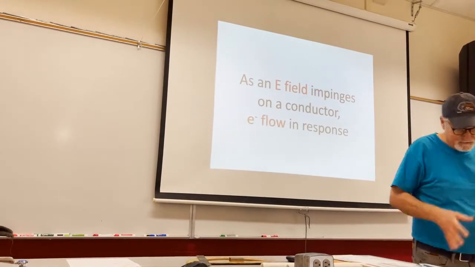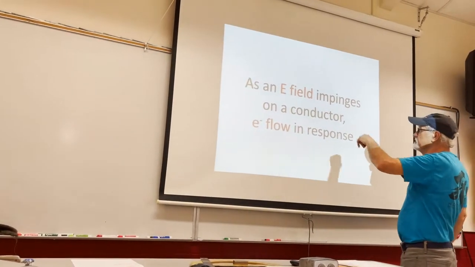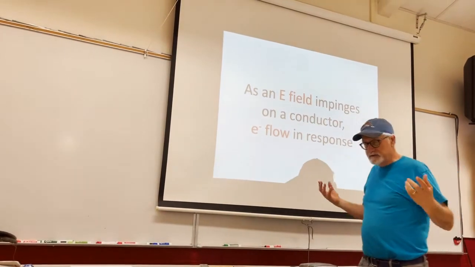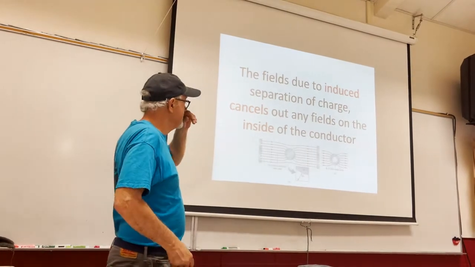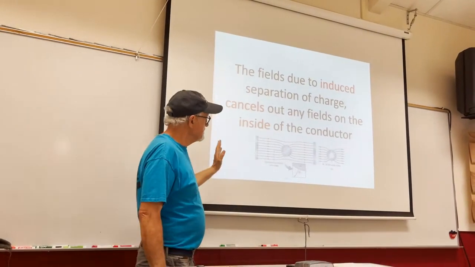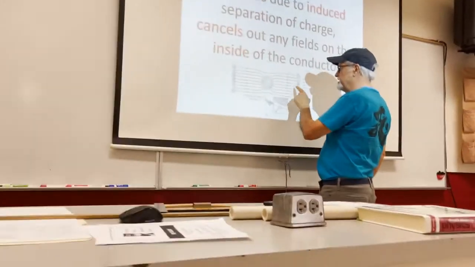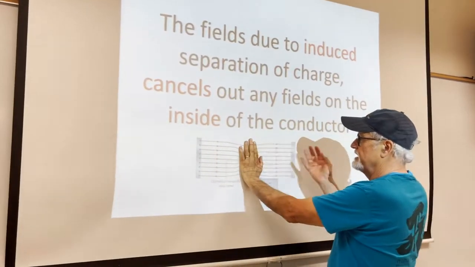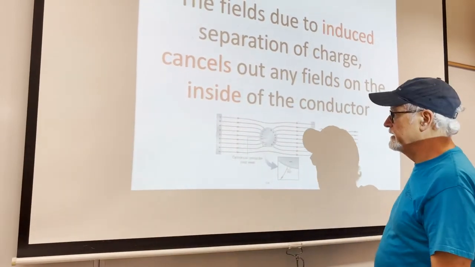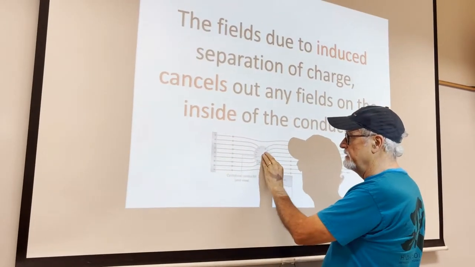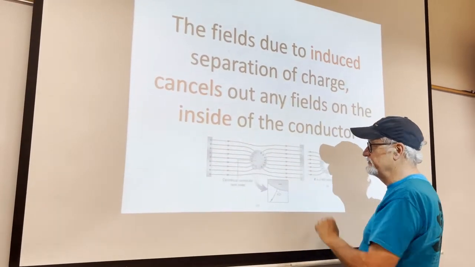Okay. What does the word impinge mean? It means touches, when it encounters something. As an electric field hits a conductor, electrons flow in response. What does that mean? Well, here's a capacitor, here's a positive side, here's a negative side. Here's the electric field between them. If you put a metal ball in there, then electrons will be attracted to the positive side and repelled from the negative side.